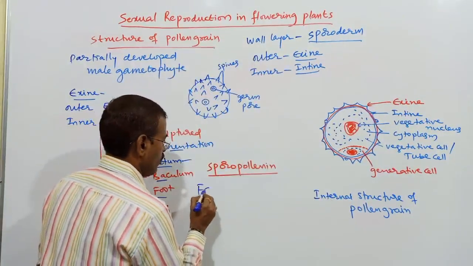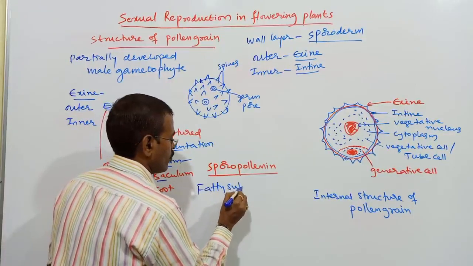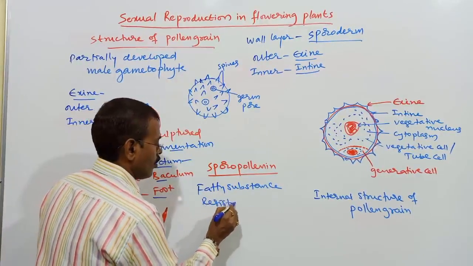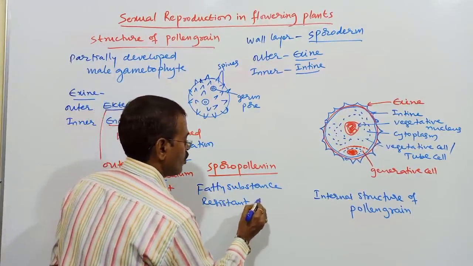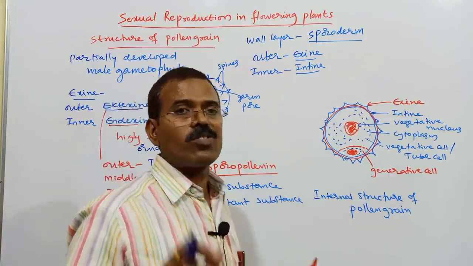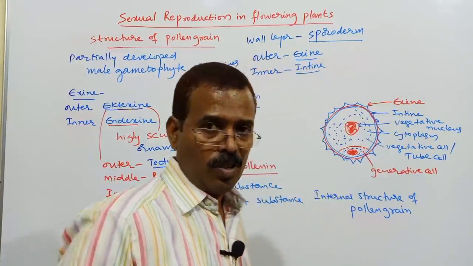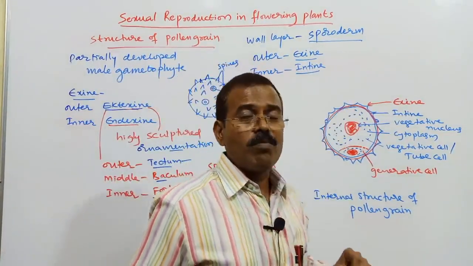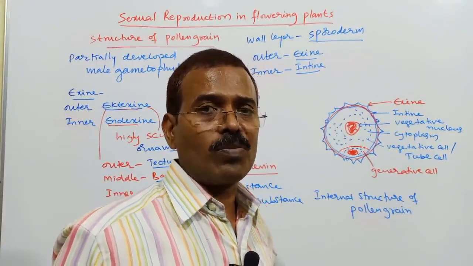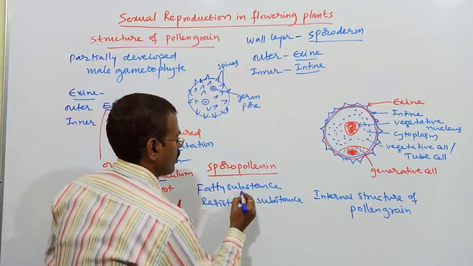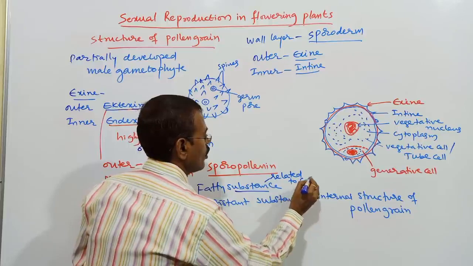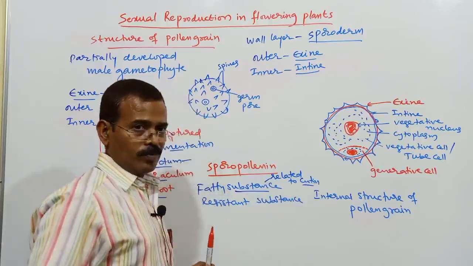So the exine layer is made up of sporopollenin, which is one of the most resistant organic substances. It is a kind of fatty substance related to cutin.